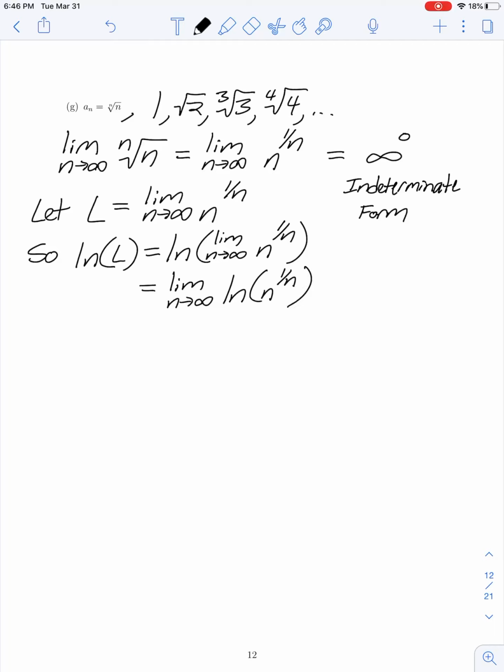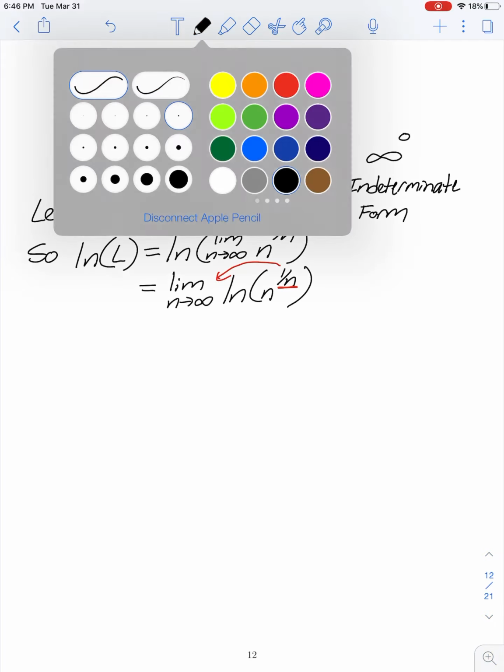Because the natural logarithm is a continuous function, I can take the limit out in front of my logarithm. So I have the limit as n approaches infinity of log n to the 1 over n.